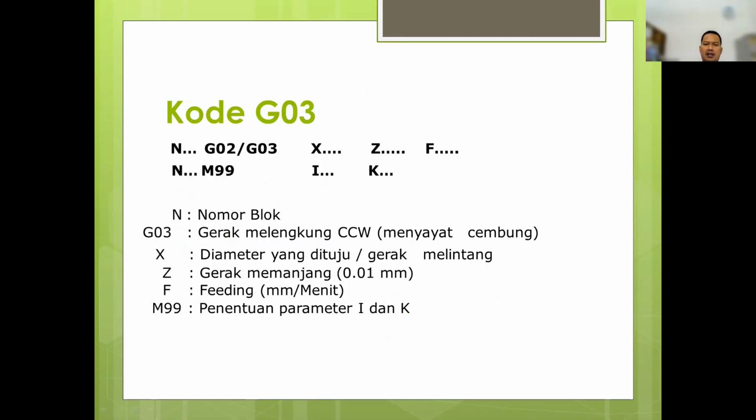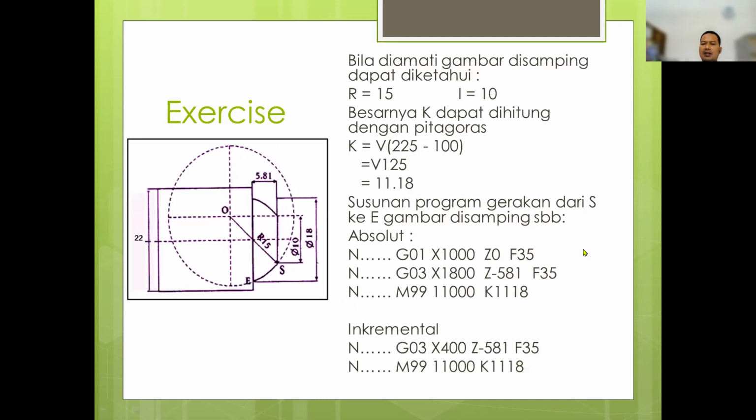Okay, for the next, this is the code for G03. I think it's not different from the G02, with the format of N, G, 02 or 03, and then X, Z, and F. And then for the M99, followed by I and K. And this is for the example, for the exercise. For this one, you should calculate the value of K by this one.